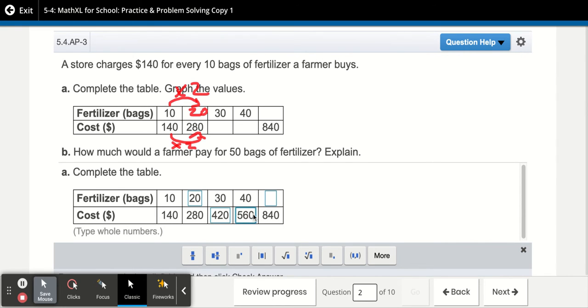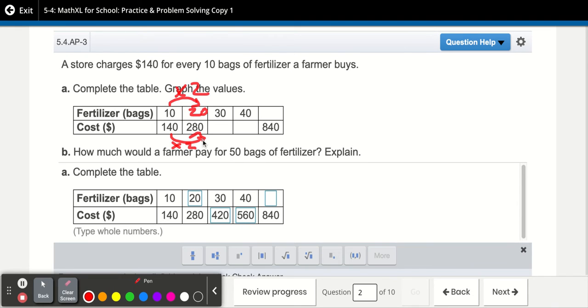Now, if we were to add 140 to 560, we get 700, not 840. Okay, so what's happening here is we've gone up. From here to here, it's times 3. And then from here to here is times 4. But going to this last one was not times 5.